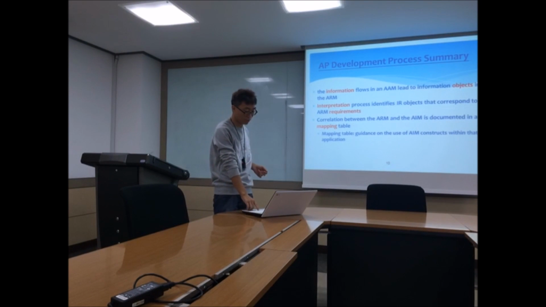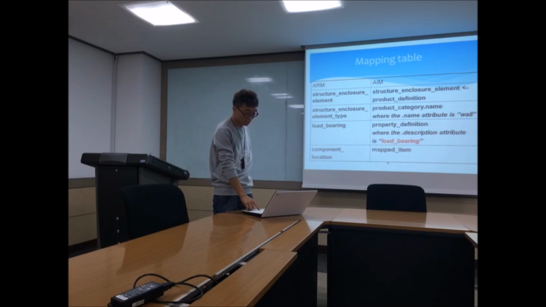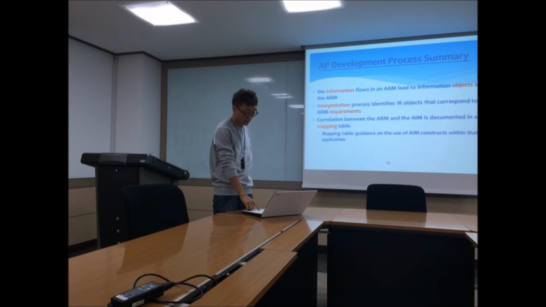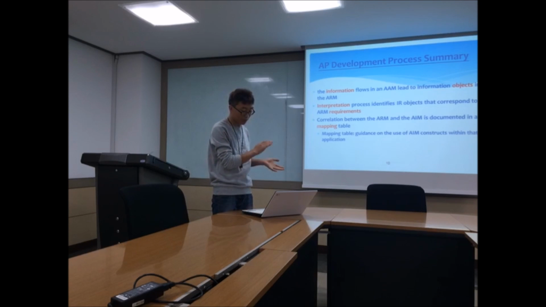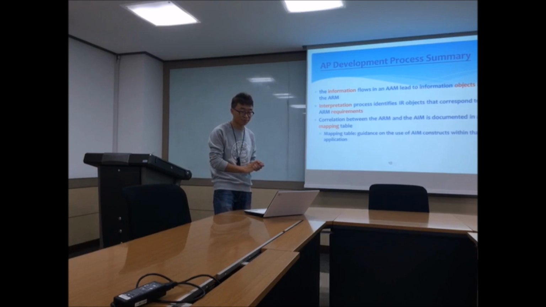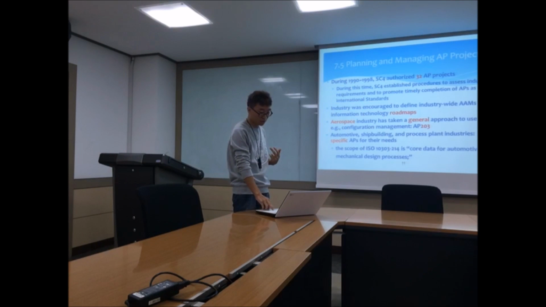Like I mentioned before, we have the same attribute, but it can be called by different names and different tabs. And also for this mapping table, the guidance on the use of AIM constructs within this application. So we will go to 7.5.